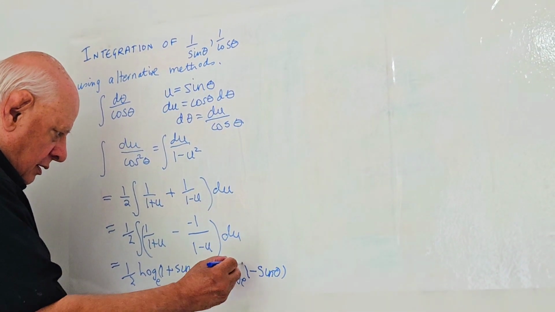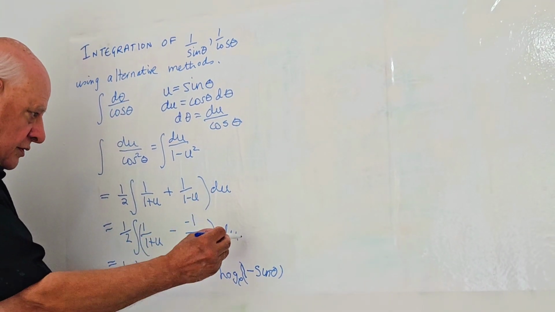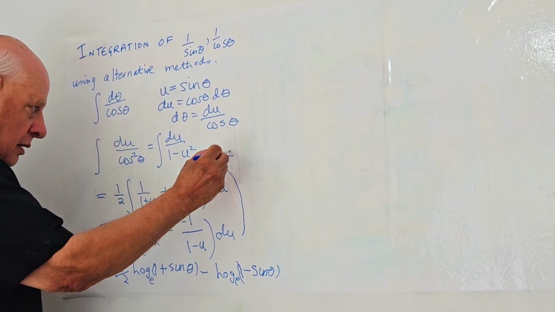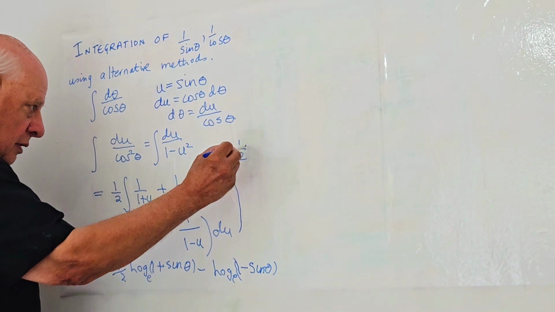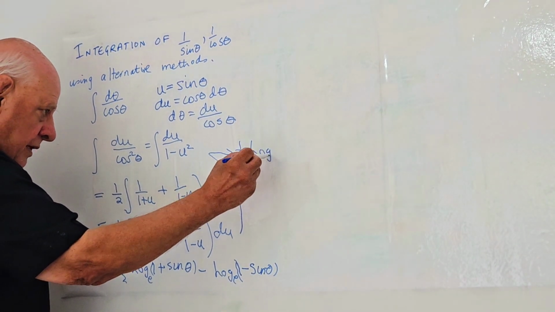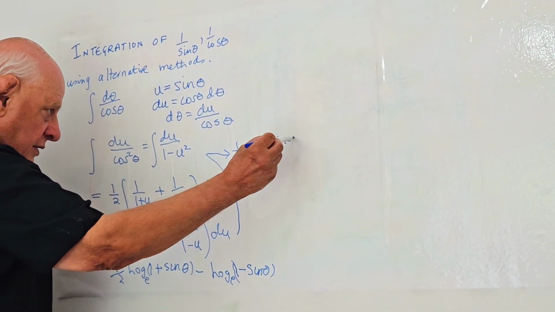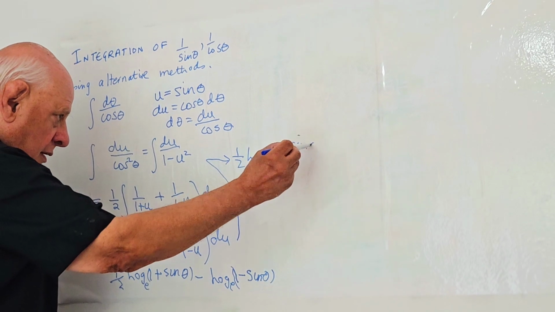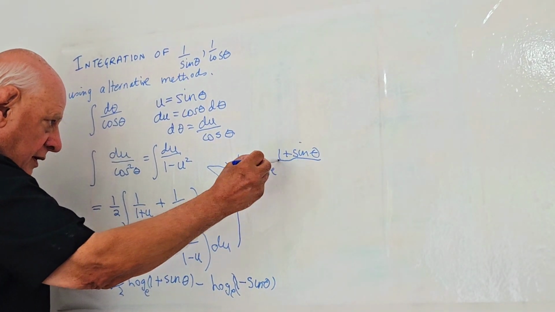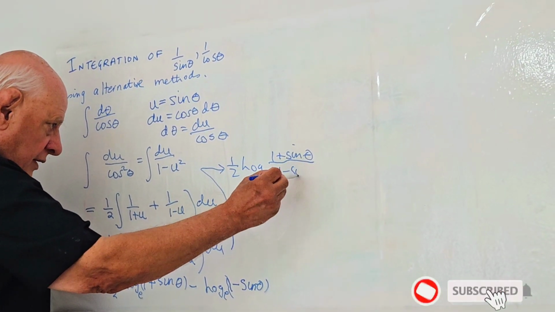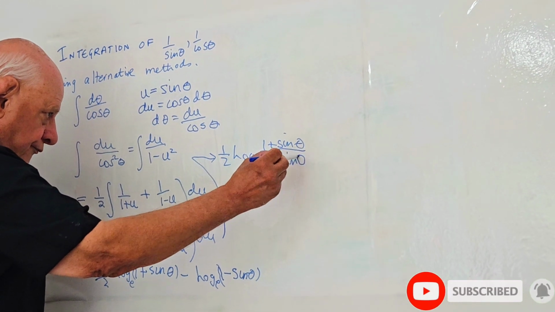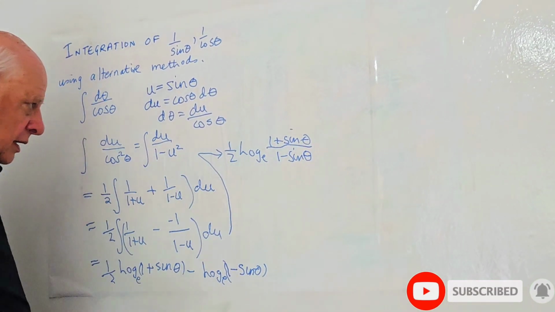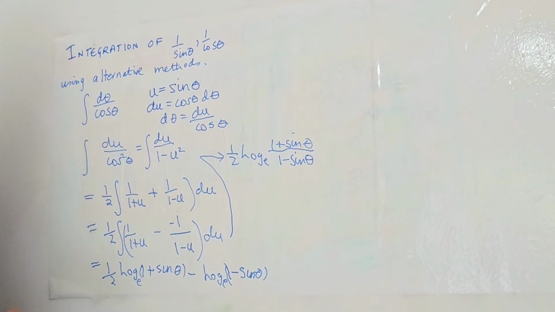And you can get that all as 1 log, so that is 1/2 log to base e of 1 plus sine theta divided by 1 minus sine theta, and that's it.